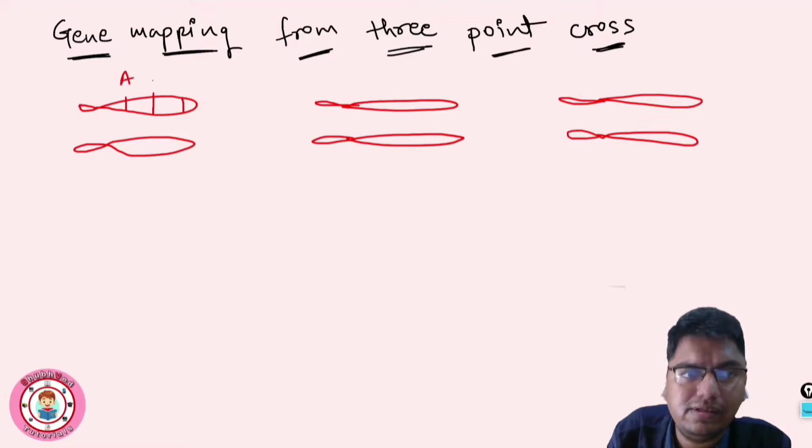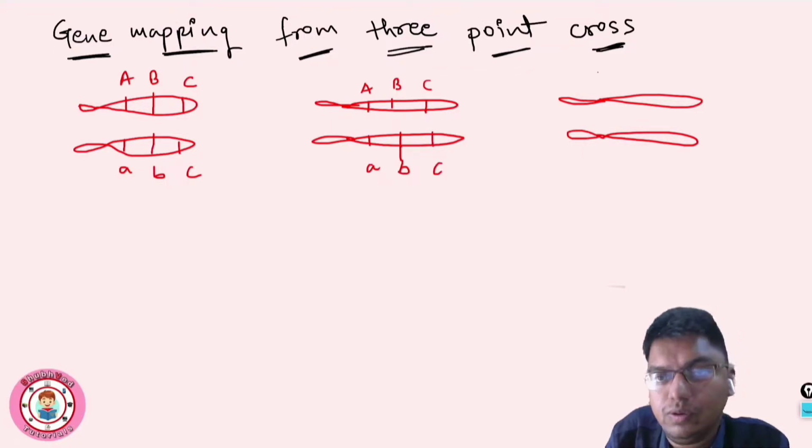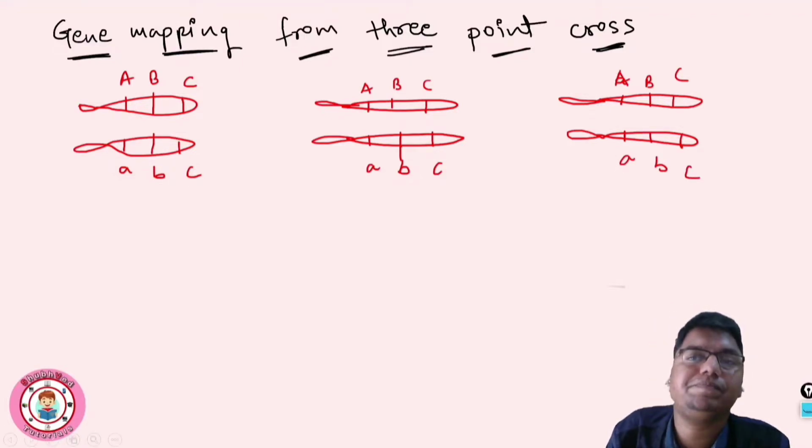These are the three genes: capital A, capital B, capital C, and here small a, small b, small c. Same here. That's it.